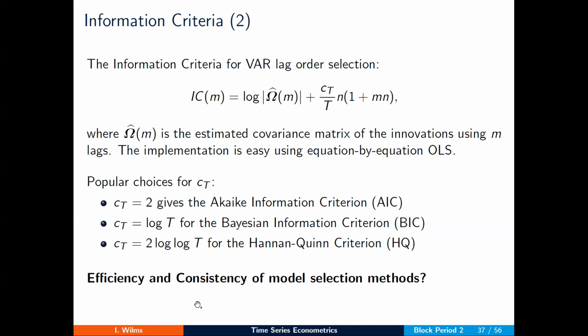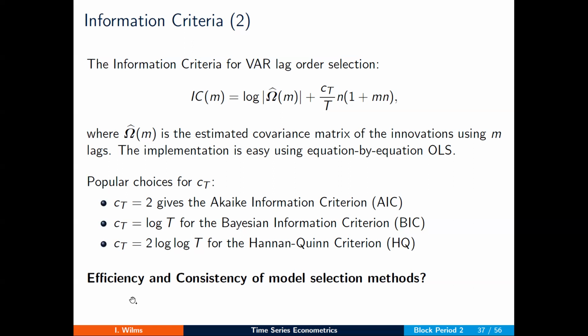But if we do not want to make this strong assumption, but instead would like to look for a model that has the smallest expected prediction error, then efficiency is important. Efficiency is then measured through the ratio of the expected loss of the selected model to a theoretical minimum.